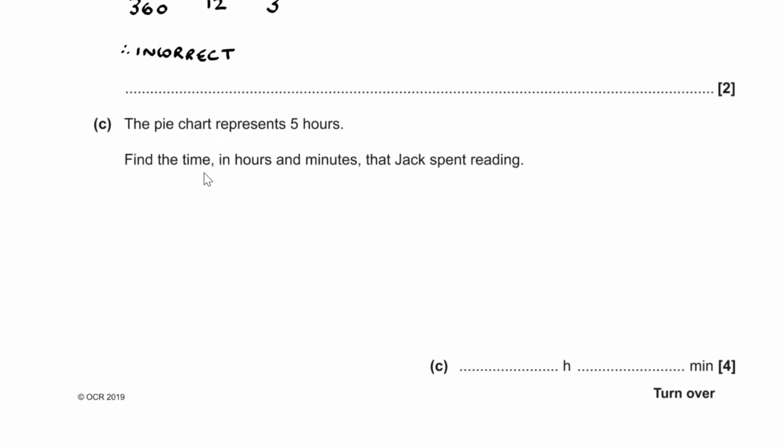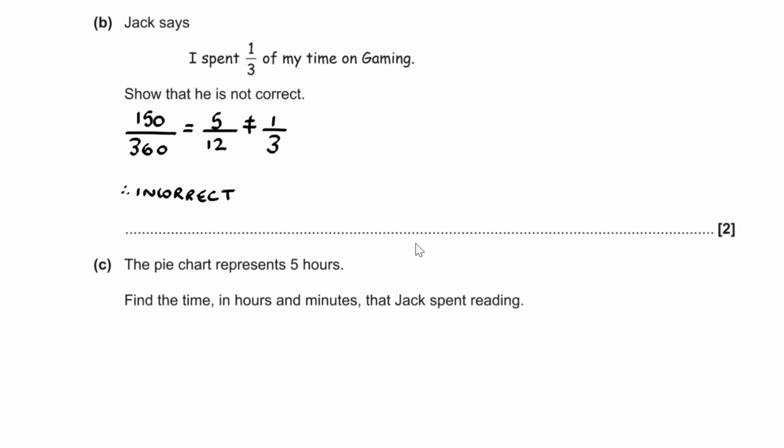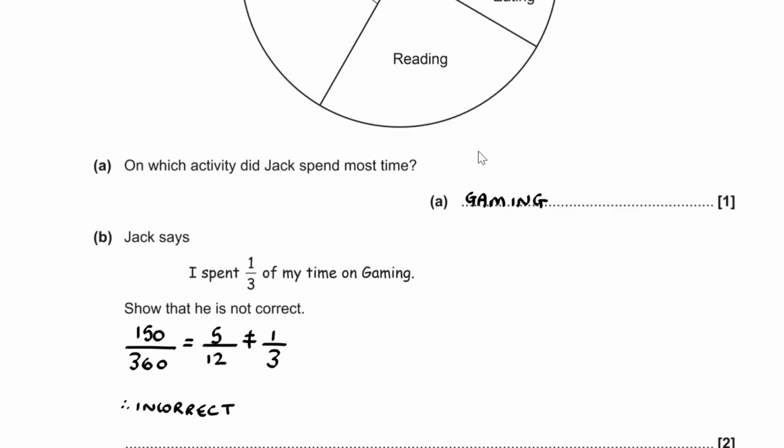Now for part C, the pie chart represents 5 hours. Find the time in hours and minutes that Jack spent reading. Well, what we need to do is find out this angle here. So to find out the angle for reading, we have 360, again we've got angles around a point, take away the 150, take away 90, take away 30.